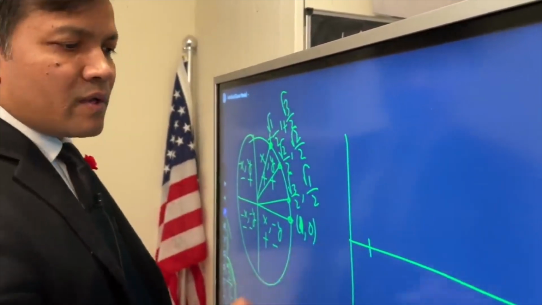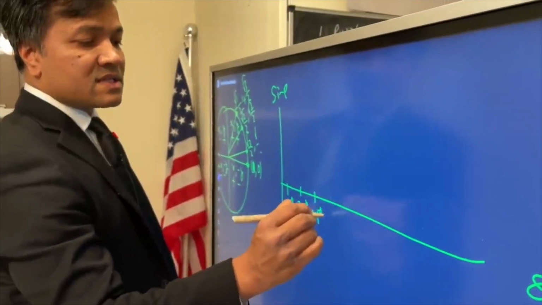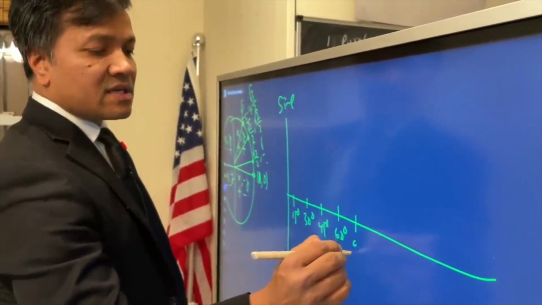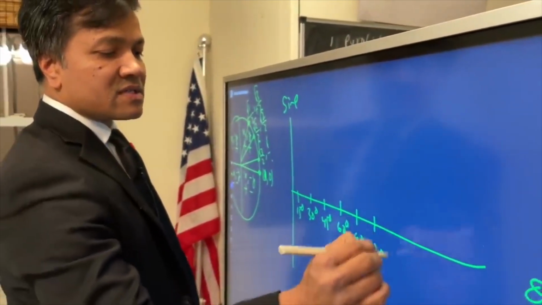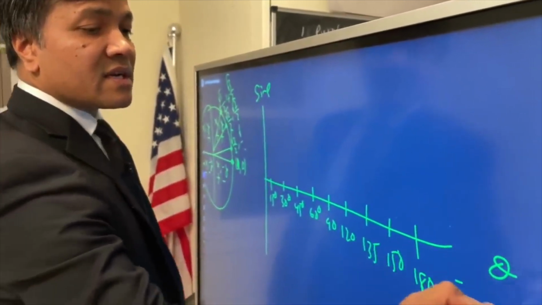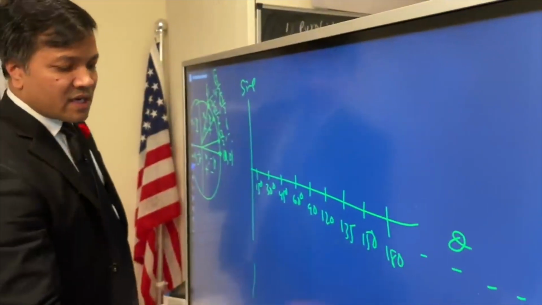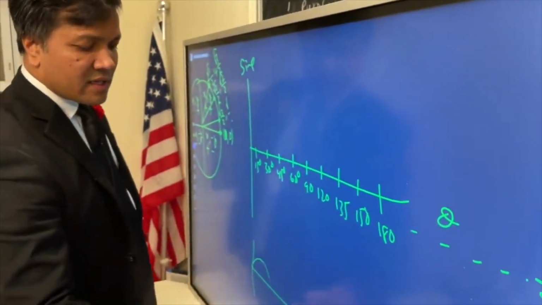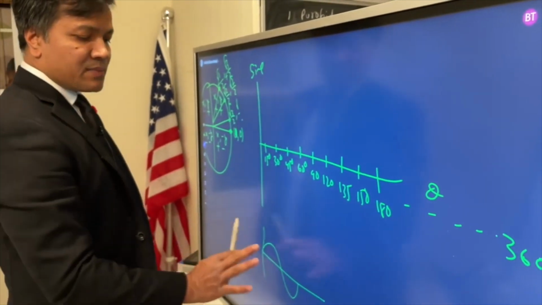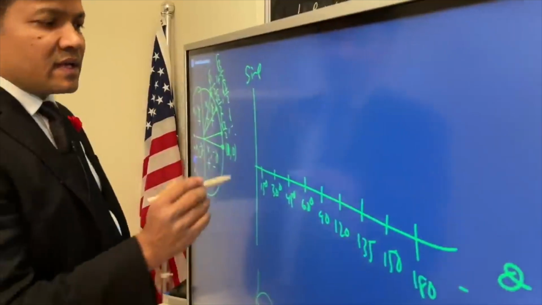So now if we go by 15 degree, now 30 degree, this is 45 degree, this is 60 degree, this is 90 degree, this is 120 degree, this is 135 degree, this is 150 degree, this is 180 degree, and so on, this is 360 degree. So we should get a graph like this, and these points come from this unit circle in a very nice way.